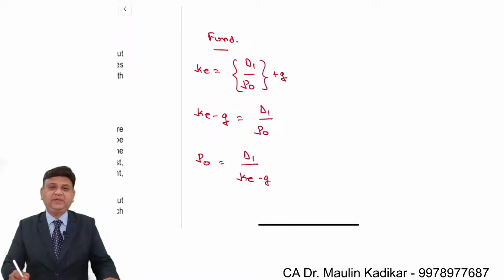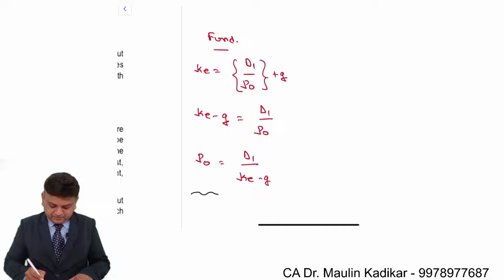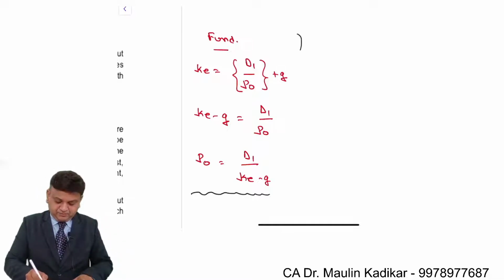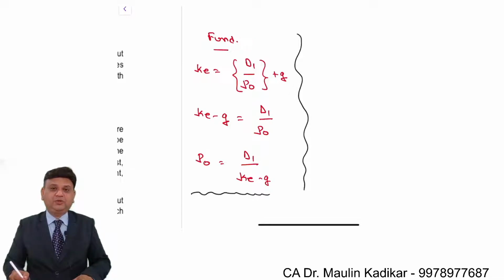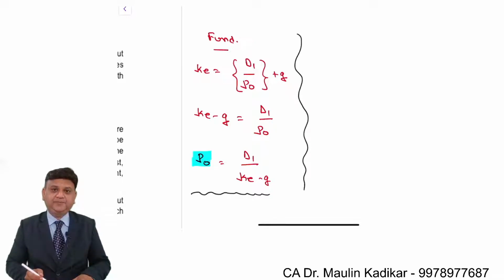What does it mean? It means that the current market price of the equity share is calculated as the future dividend income which the investor is going to receive, discounted in present value terms. That is the way we calculate P0. Now this P0 is considered to be the fundamental price of the security.